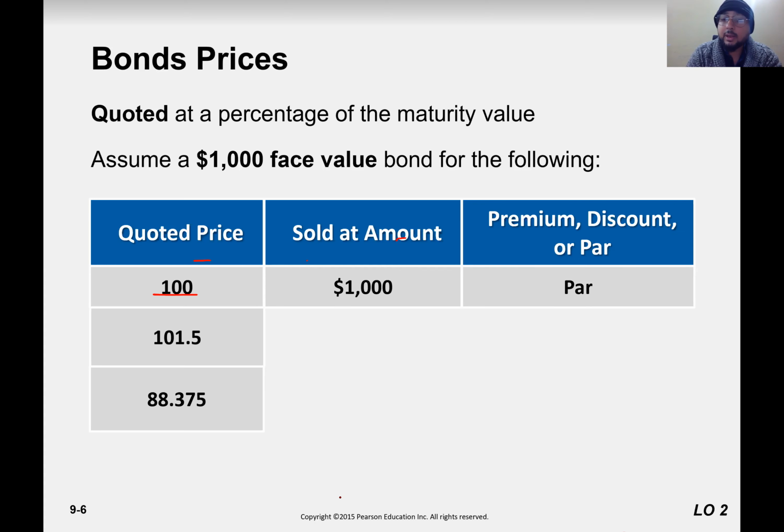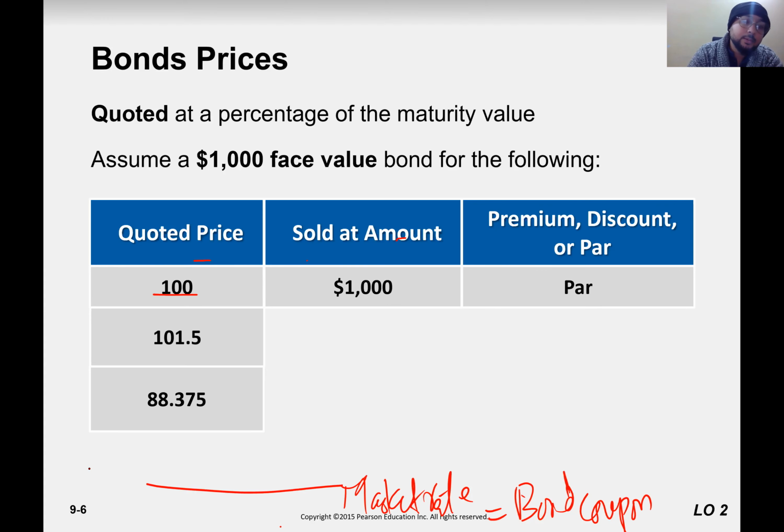When the market rate equals the bond coupon, then the bond is selling at par. And you see the quoted price is 101.5.